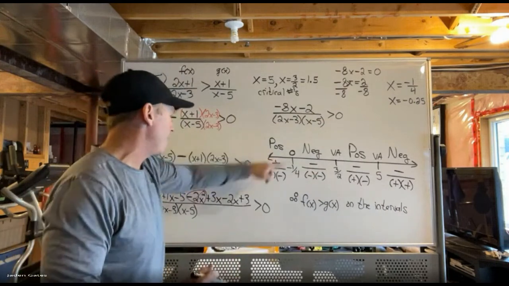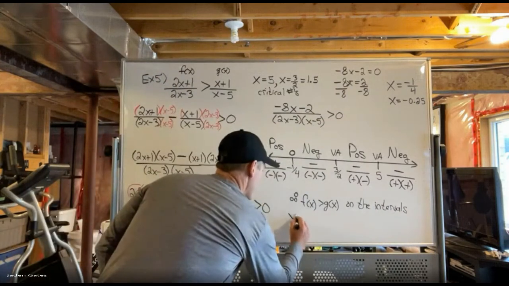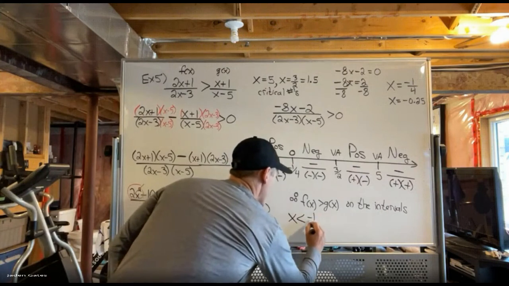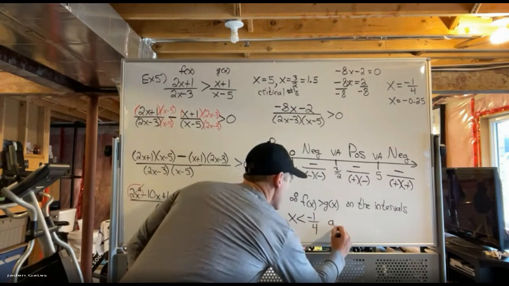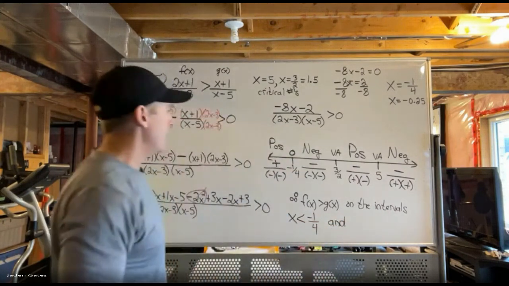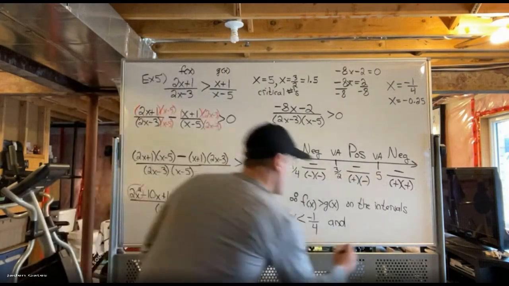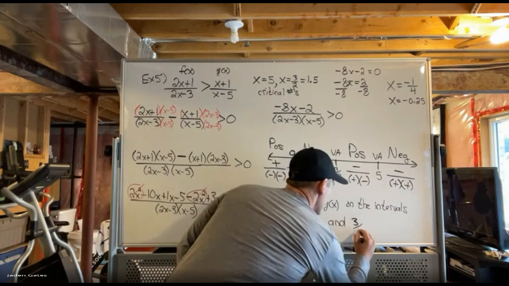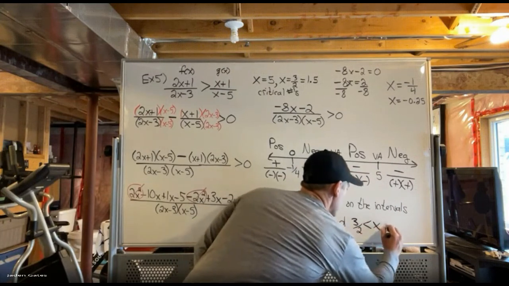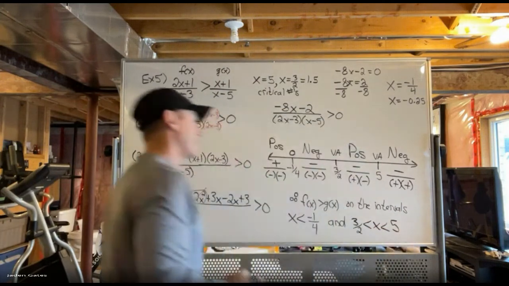Before -1/4. So x is less than -1/4. And what else do we have here? Between 3/2 and 5. So 3/2 is less than x is less than 5.